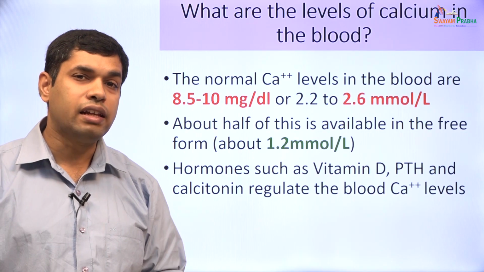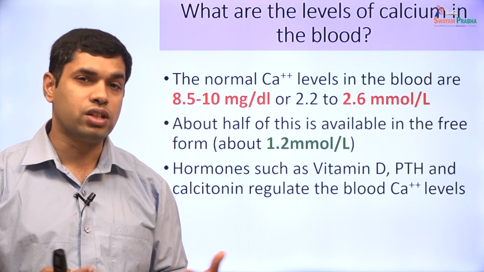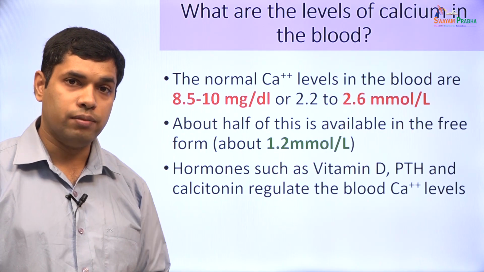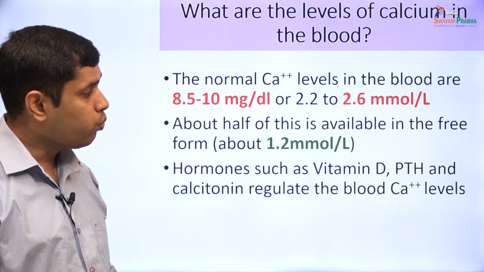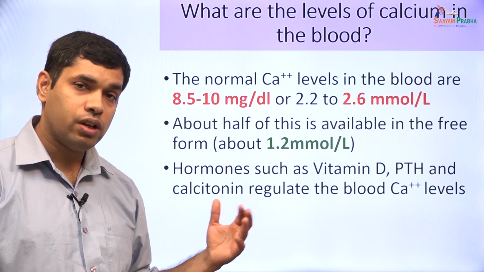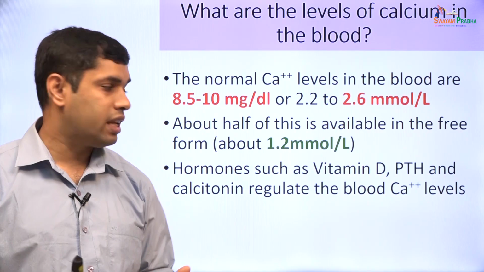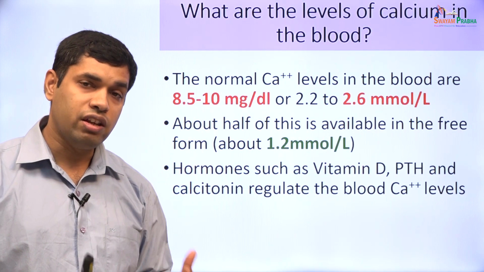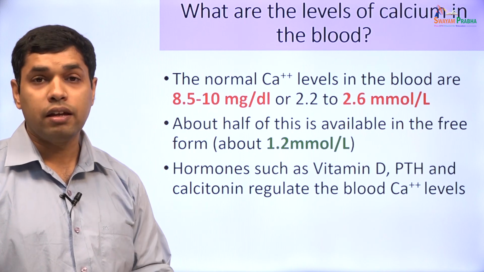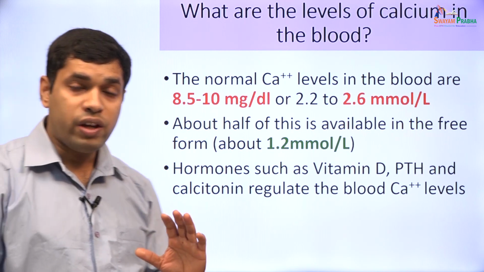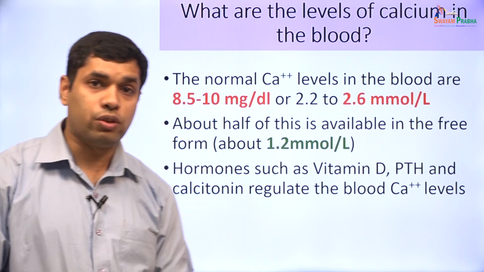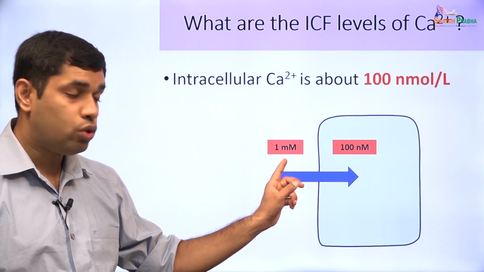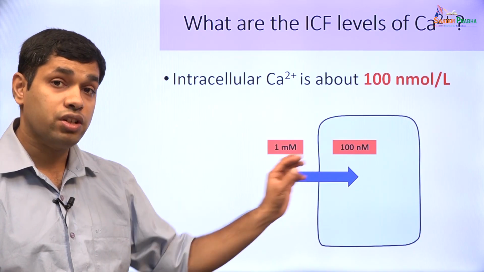For all our future calculations, we will be referring to external calcium as 1 millimolar, which is convenient. Now we know that this calcium is very regulated. There are hormones like vitamin D, parathyroid hormone, and calcitonin, which regulate the calcium levels. When we look at the internal levels of calcium, we find that the outside is 1 millimolar, whereas the inside is 100 nanomolar.